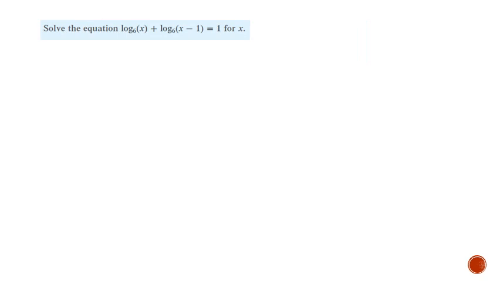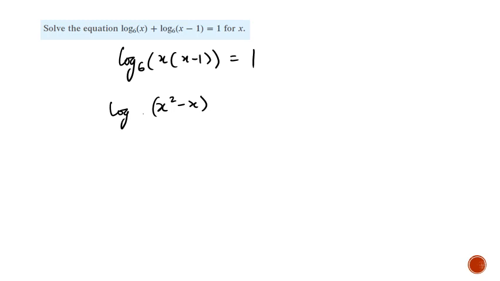Okay, so the last little bit, we want to solve the equation written here. Simply put it all in terms of one log first. So we have log 6 of x squared minus x equals 1. Then we just need to rewrite the equation.